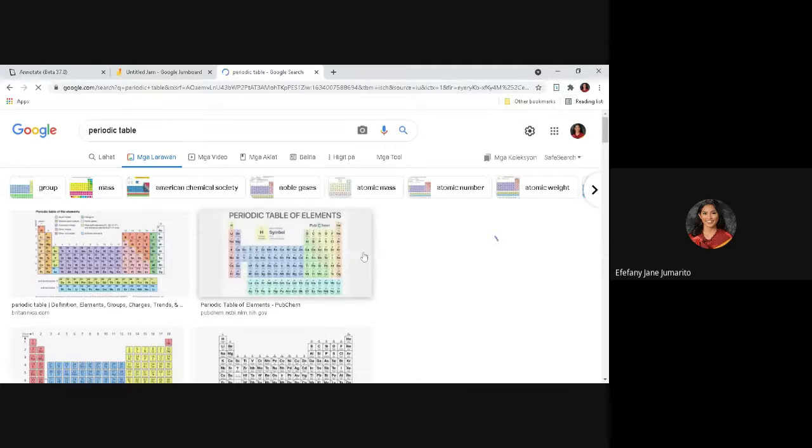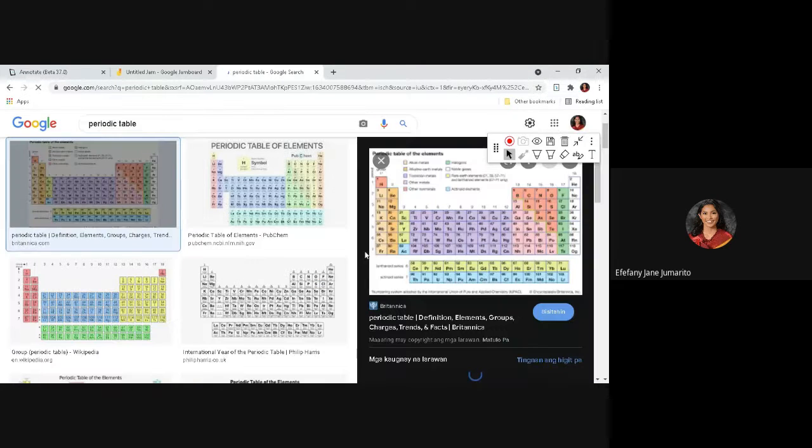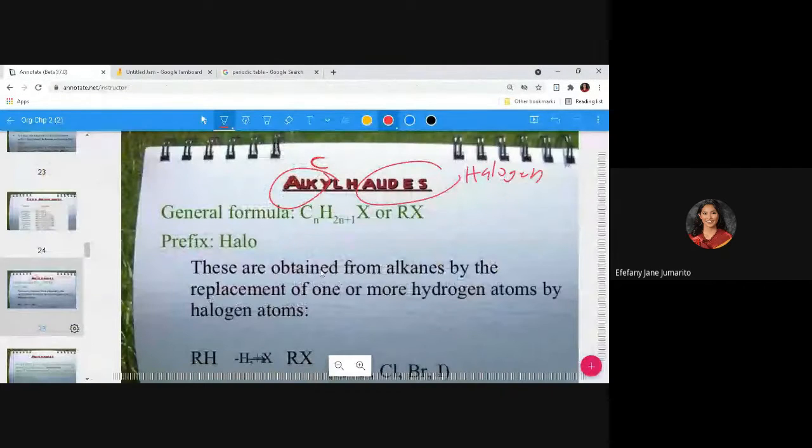Chlorine is a halogen. When we say halogen, it is located here. So these things here are halogens. You can see them in the periodic table. Now it has a prefix of halo.